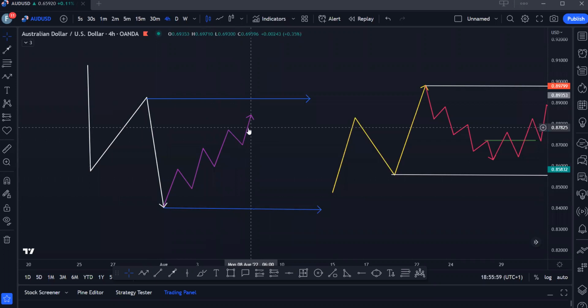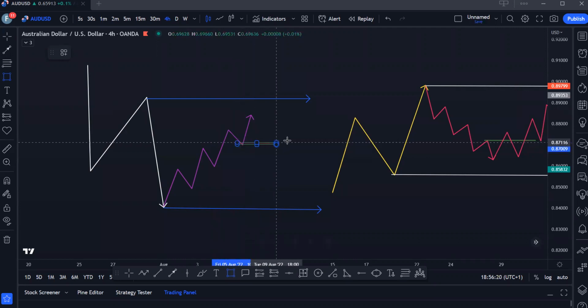All right. And how do you know when order flow wants to shift? It is a concept of change of character. Change of character. And how do you know change of character? Price needs to break, in this case, this lower high like so.